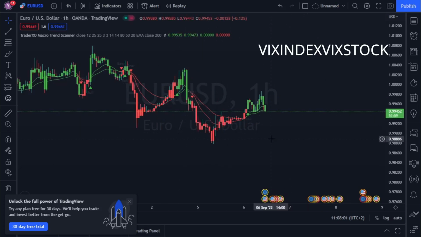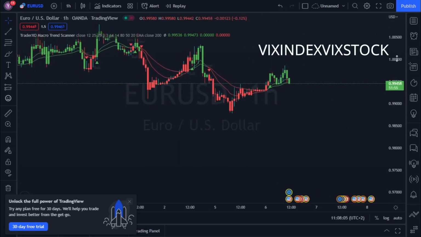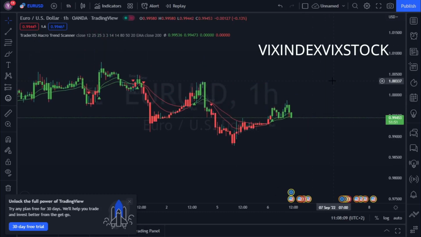So this is the tool that I'm introducing to you today. I don't know if you already knew about it, but it's a nifty, cool tool that I found for you. I think it makes your trading very easy.